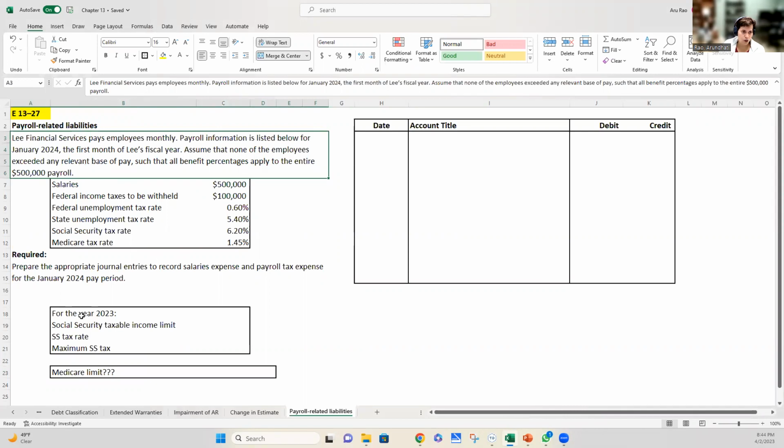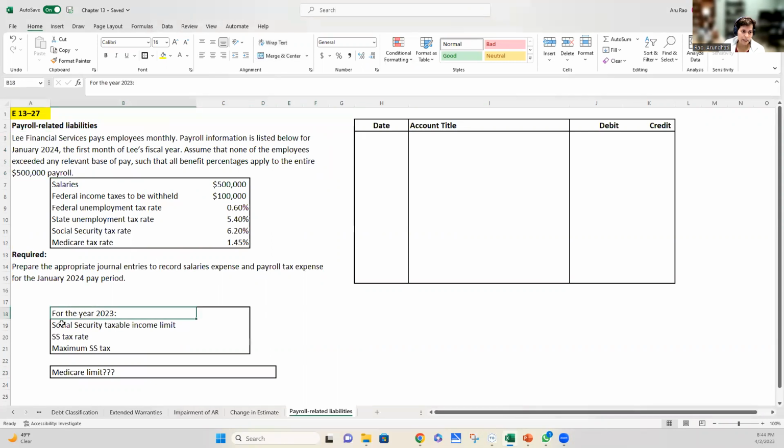So before we get to this, I just want to talk to you quickly about something. These numbers change by the year, but for the year 2023, the current year that we're in, the maximum amount of income that is taxable for Social Security. So each of us as an individual, when we work for a company, right now, the maximum income that is subject to tax is $160,200.